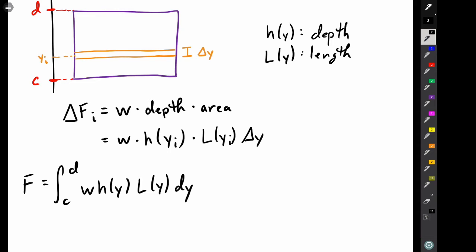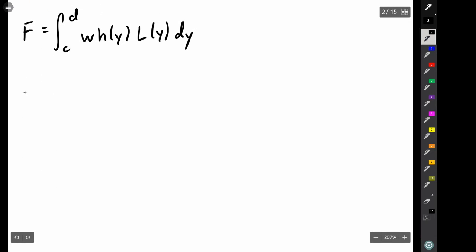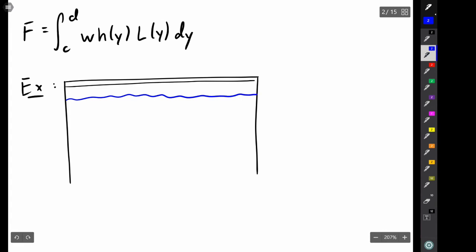So let's look at a specific example for this. The typical example would be, say, a dam. We're going to pretend that's a dam, and let's say the water level is right here.